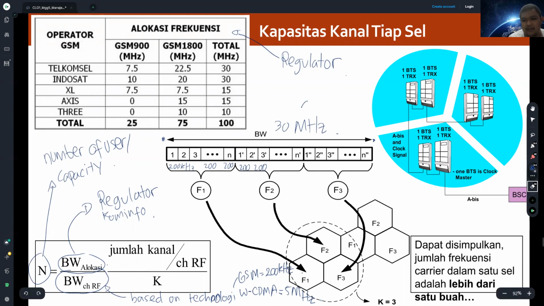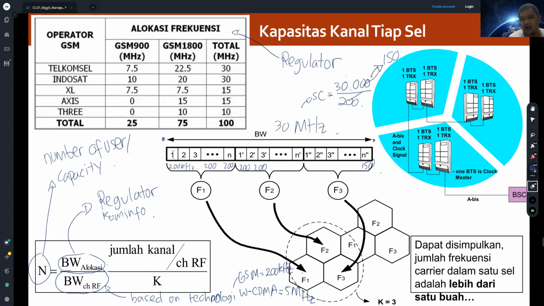So the number of subchannels will be equal to 30 megahertz divided by the 200 kilohertz, right? 30 megahertz is equal to 30,000 kilohertz. So it will be equal to around 150, starting from 1 up until 150 carriers, right?